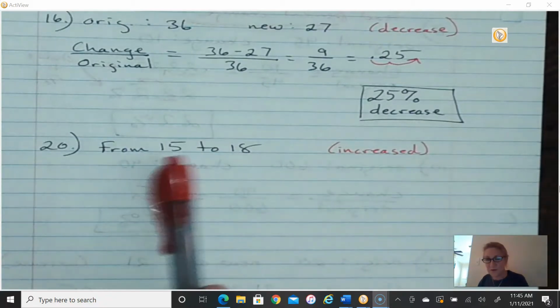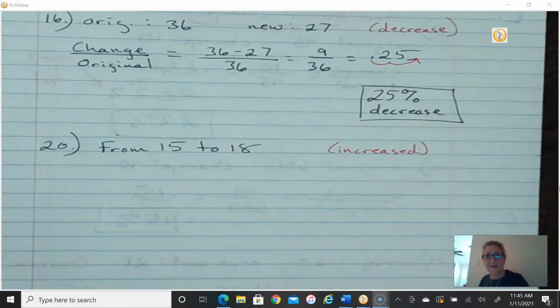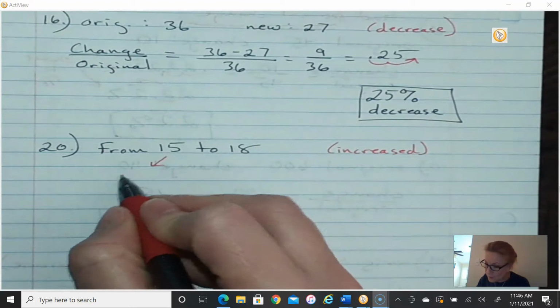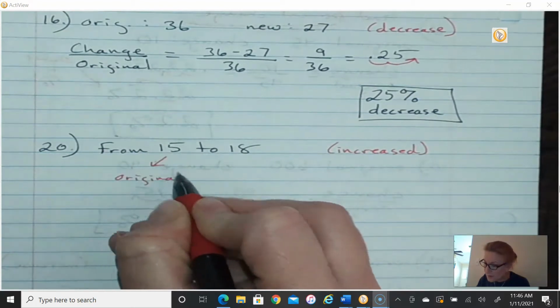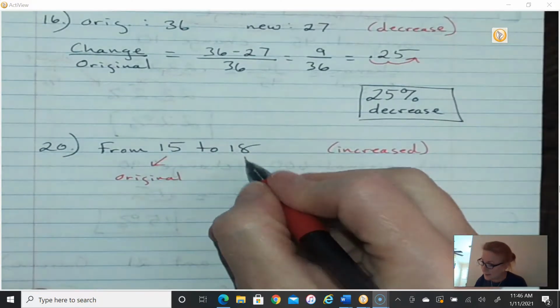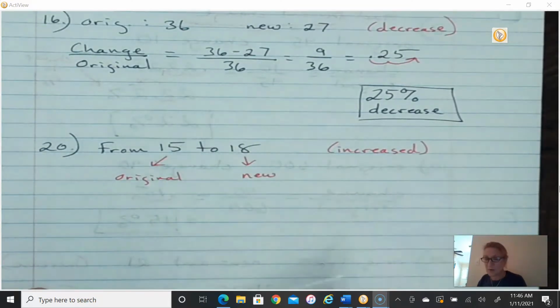Going from 15 to 18, you're going up, right? So we increased. Now, what's the original amount? What did you start with? Started with 15. That's your original. What's the new amount? What did you end up with? 18. That's your new amount.